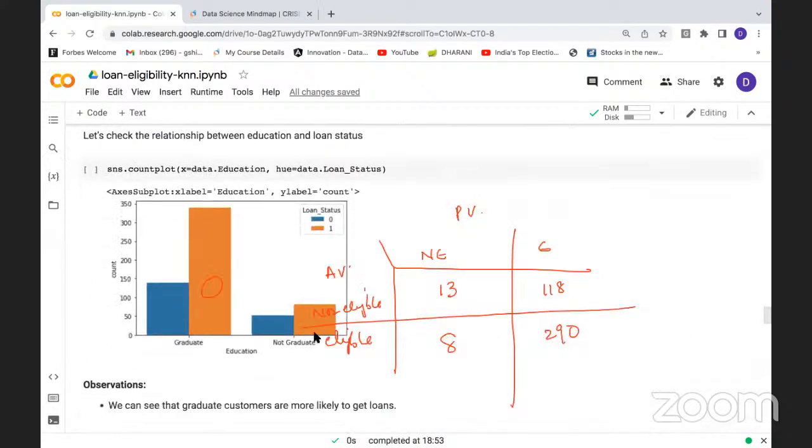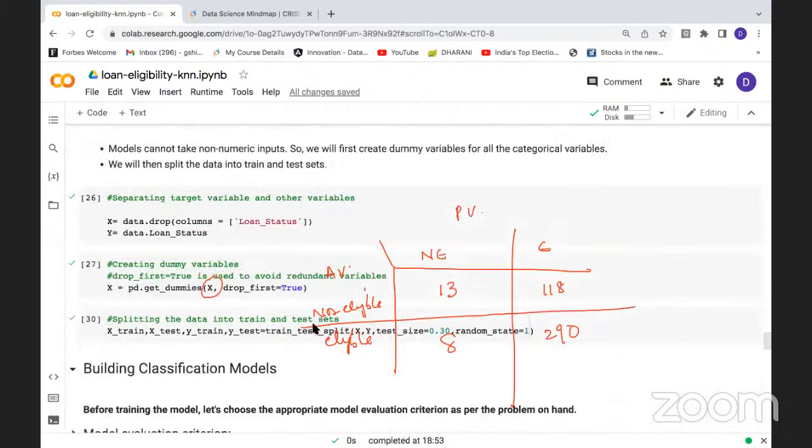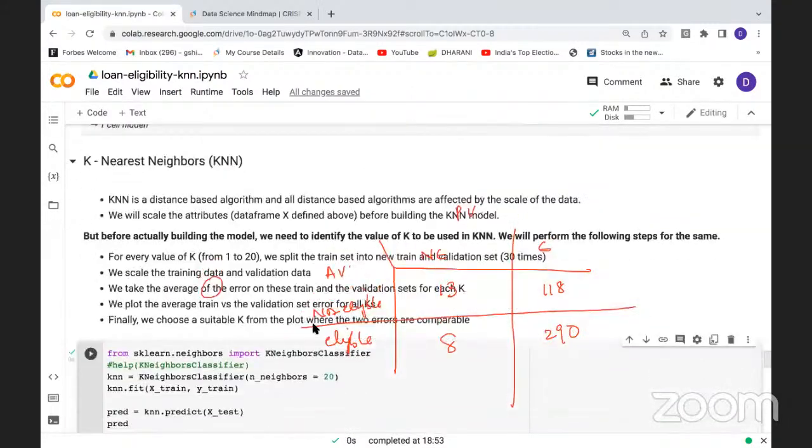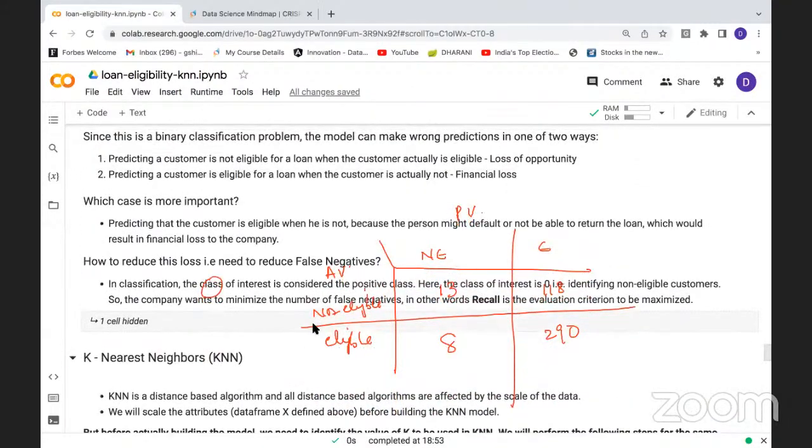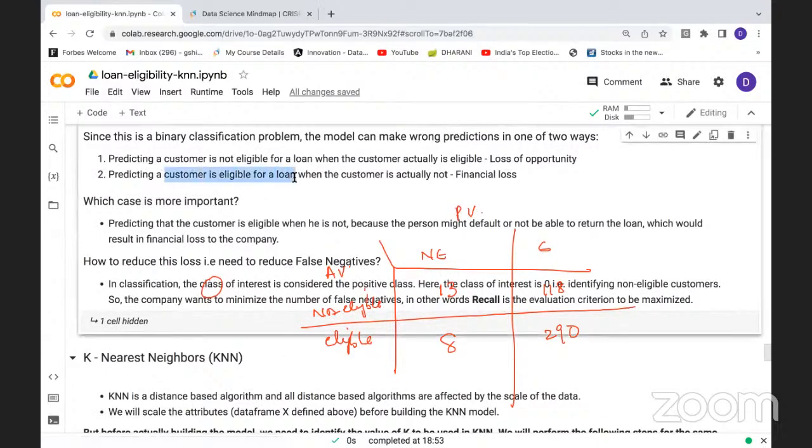So according to the confusion matrix, your aim is to reduce those metrics. So loss of opportunity or financial loss? Financial loss is more dangerous. So predicting a customer is eligible for a loan, you are telling he is eligible when he is not eligible. These are 118 cases.